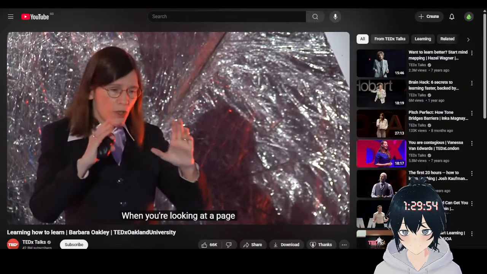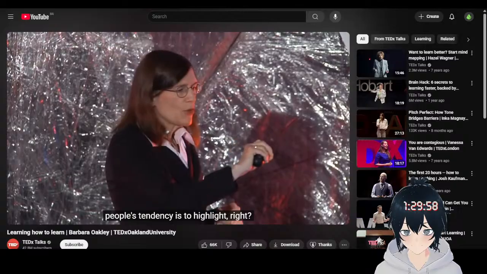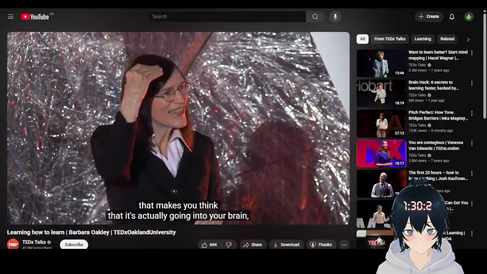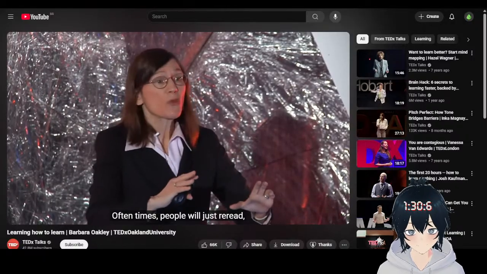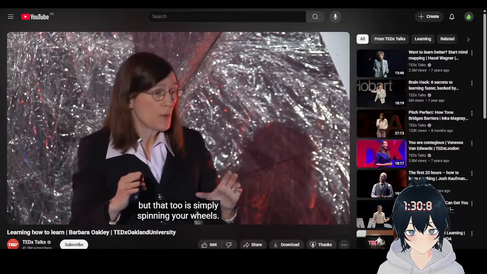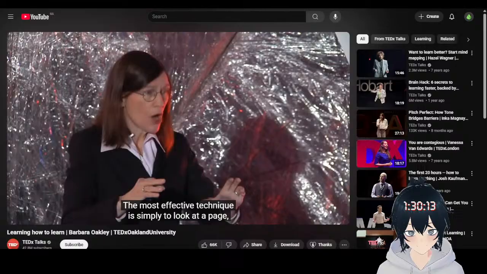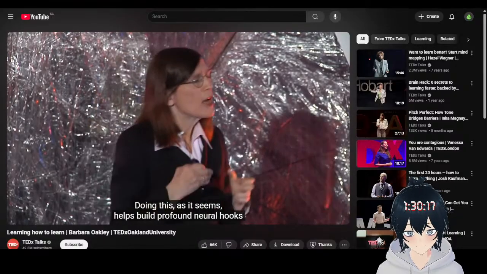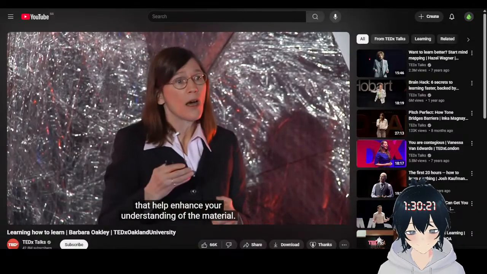Recall. When you're looking at a page as you're trying to learn something in a book, people's tendency is to highlight. There's something about the motion of the pen on the page that makes you think that it's actually going into your brain, but it often isn't. Sometimes people will just reread, but that too is simply spinning your wheels. The most effective technique is simply to look at a page, look away, and see what you can recall. Doing this helps to build profound neural hooks that help enhance your understanding of the material.